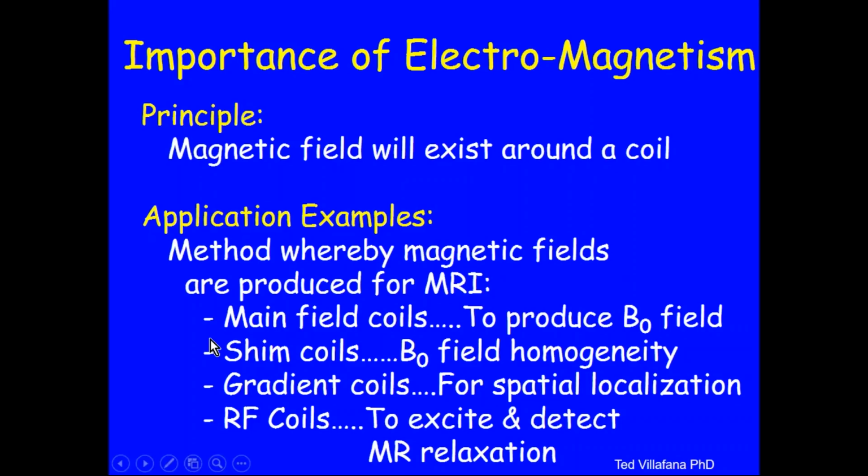There are other coils. The next most common coil you hear talked about is the gradient coils. Those are for spatial localization, to be able to detect where the signals are coming from within the body.